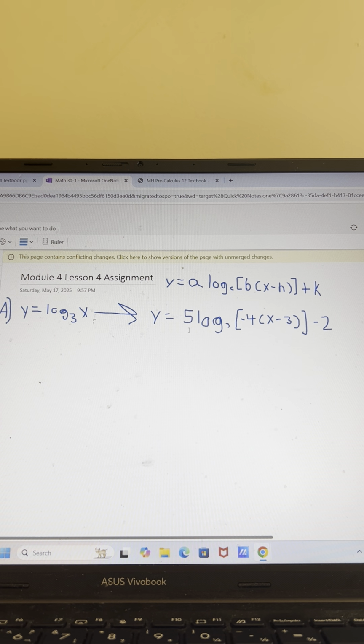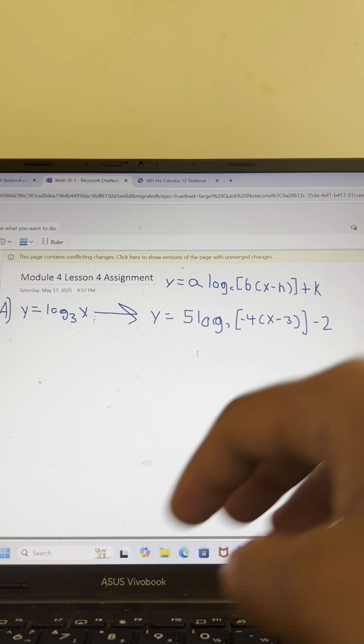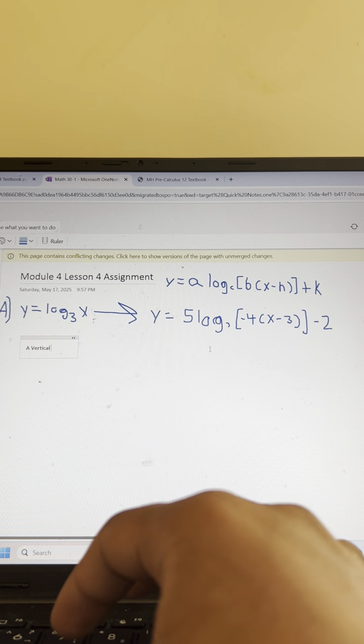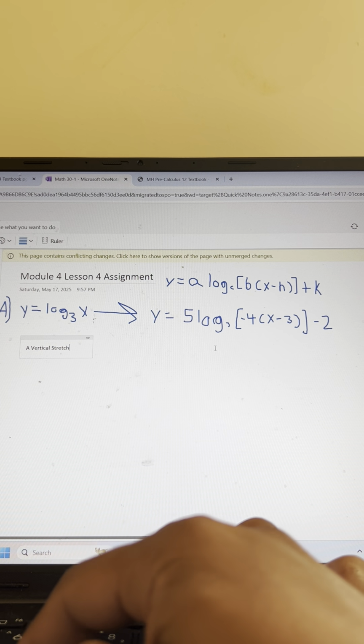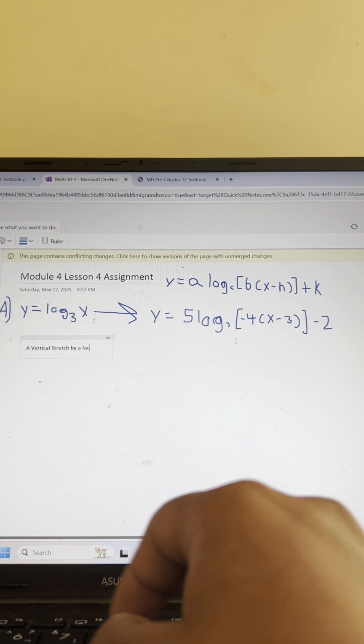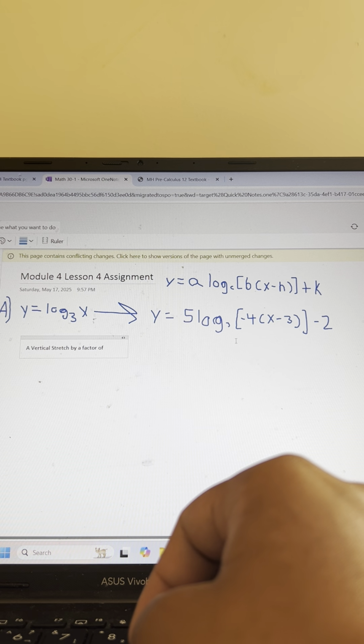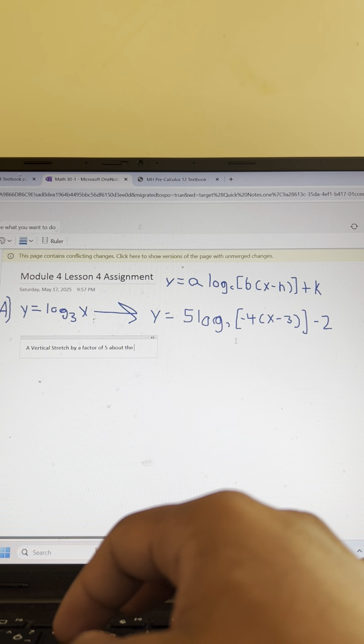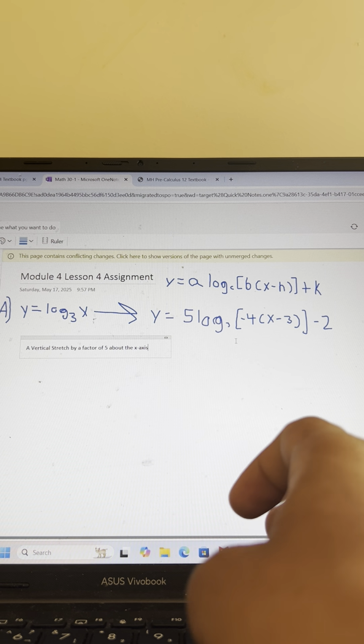Okay, so we can go ahead and put in our transformations here. So a is equal to 5. That means we have a vertical stretch by a factor of 5 about the x-axis.